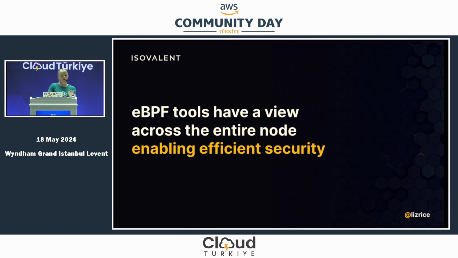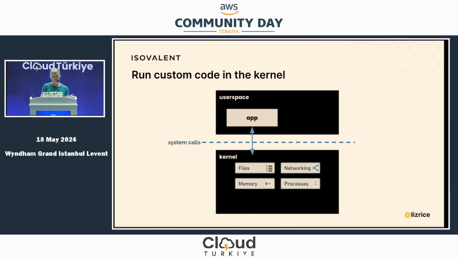We can also use eBPF for security tooling. I've already talked a little bit about network policy as a security tool, but what about runtime security? We talked about how the kernel is involved for all these events that involve hardware, so things like accessing files and accessing memory and process starting and stopping and privilege escalation and checking permissions.